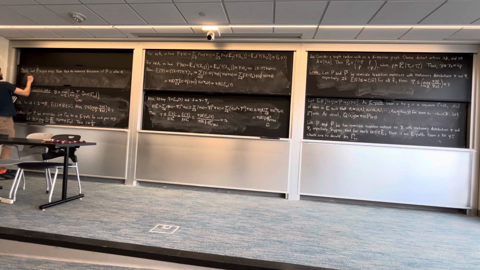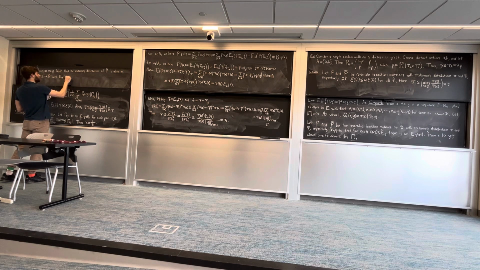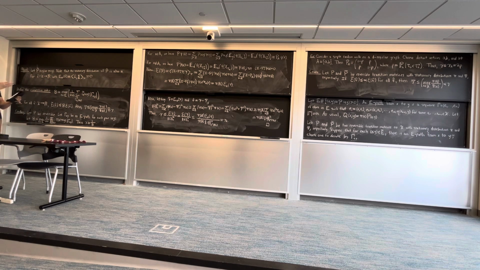So for a function f from X to R with expected value E pi of f equal to 0, we have a function whose expected value with respect to pi is 0.